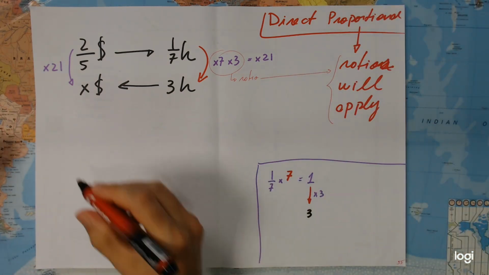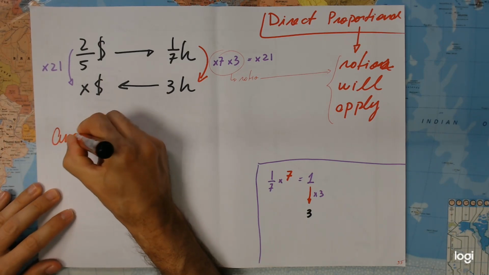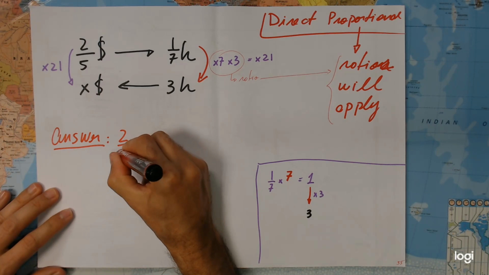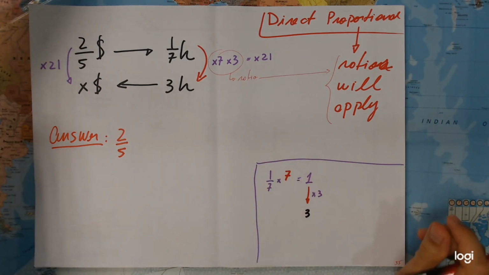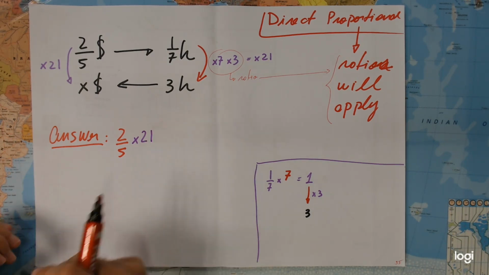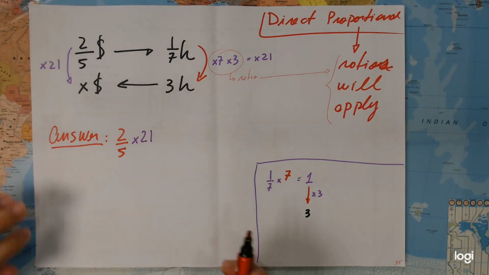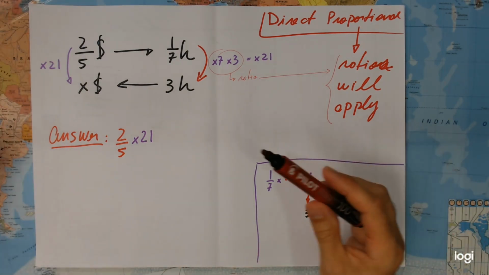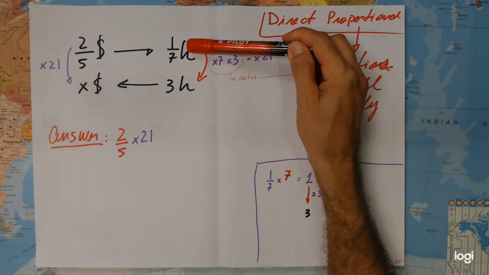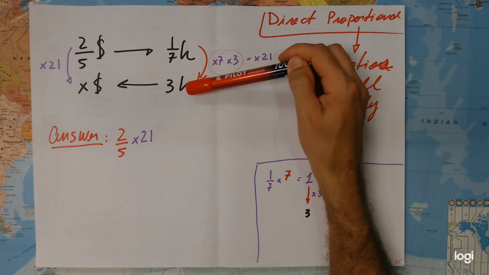What is the answer for this problem? 2/5 times 21. It's over. I just wanted to find a ratio that would bring me from the first line to the second line.